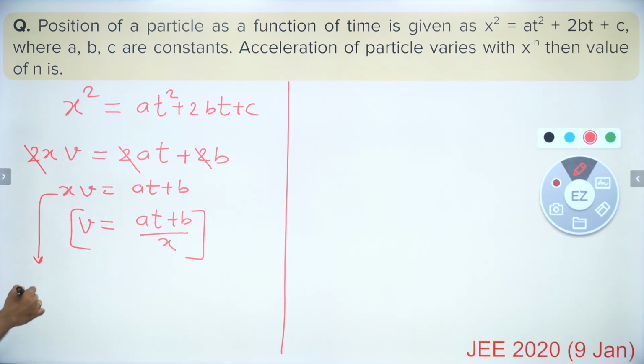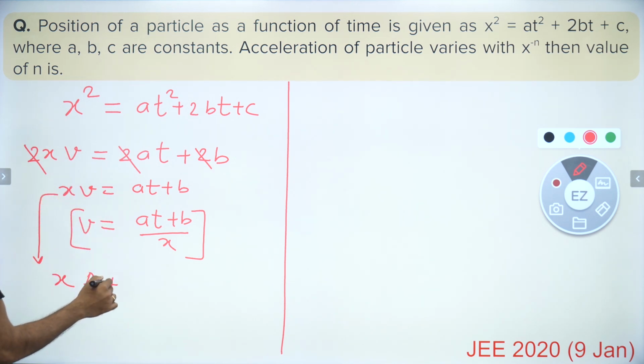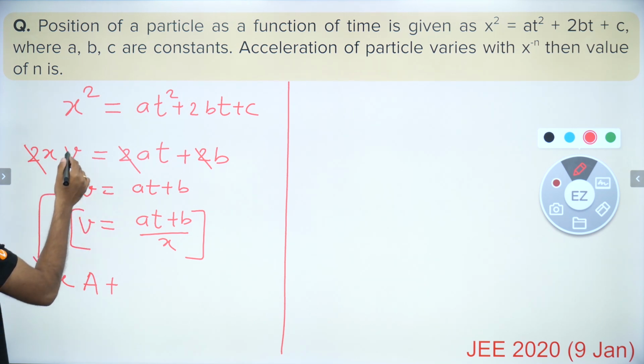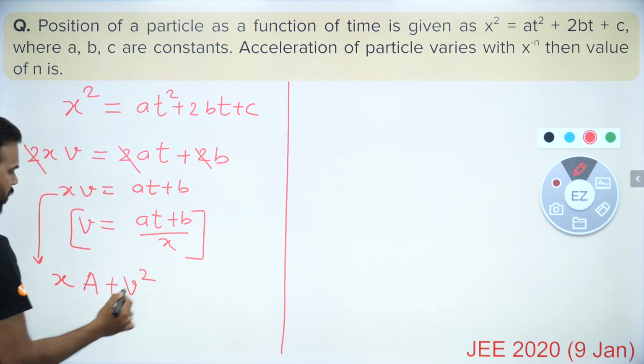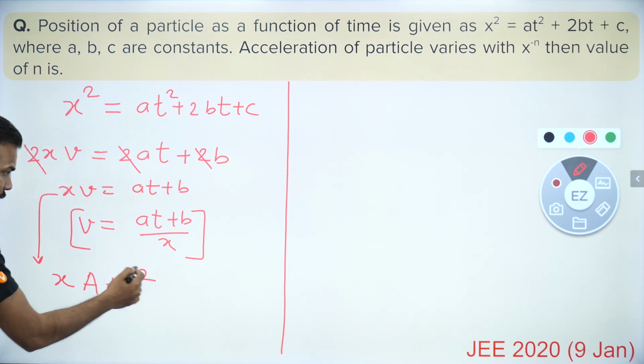Now from here we'll differentiate, but this time the differentiation will be for both the quantities which are given. So if I differentiate v, keeping x constant, v differentiates to give you acceleration. I'm writing it as capital A because small a is being used on the right hand side, and this is differentiation of v, keeping x constant, plus sign. Now you will differentiate x, keeping v constant, so differentiation of x is v, so v into v will become v square. Keeping v as it is, x differentiates to give you the value as v, and that's why you have v square here.